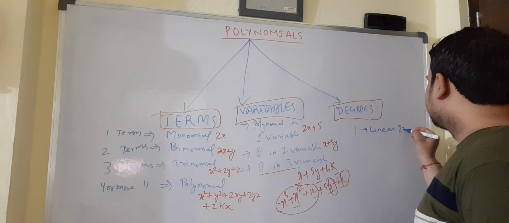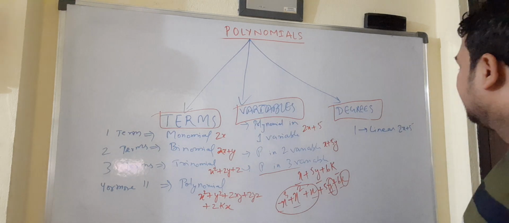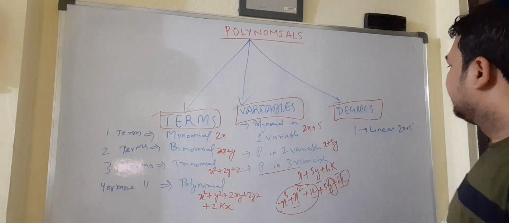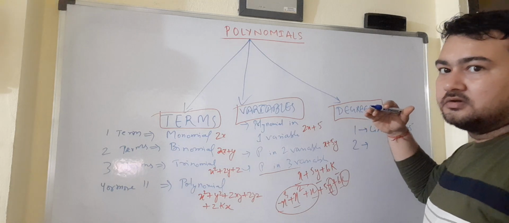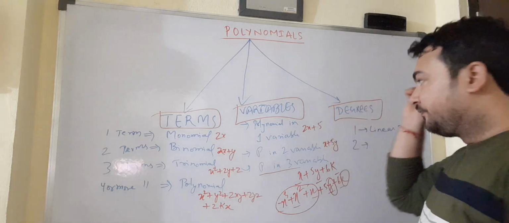So let us take 2x plus 5. x is a variable whose power is 1. We do not have any other variable which has a power more than 1 here. So it is linear. Quadratic, the variable's power can go up to 2, cannot exceed 2.